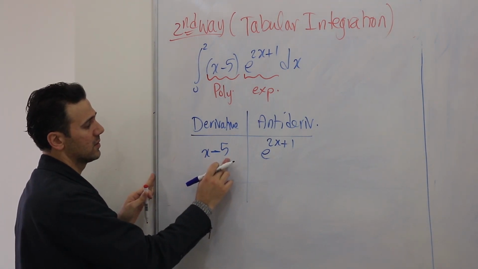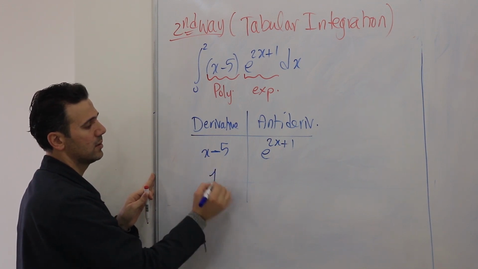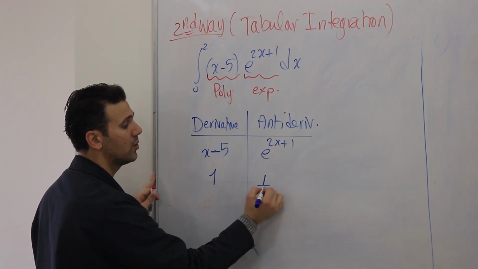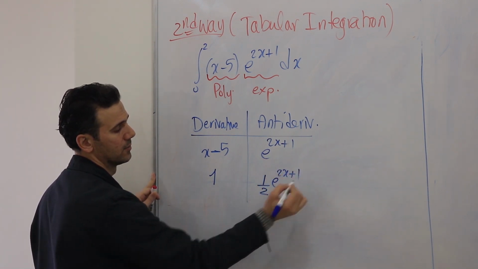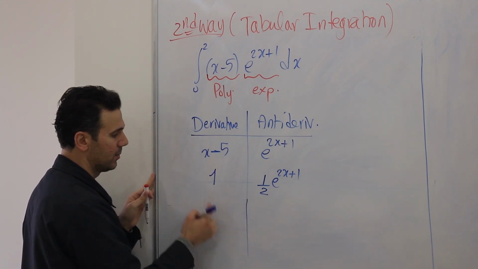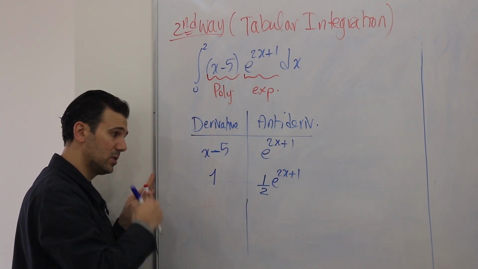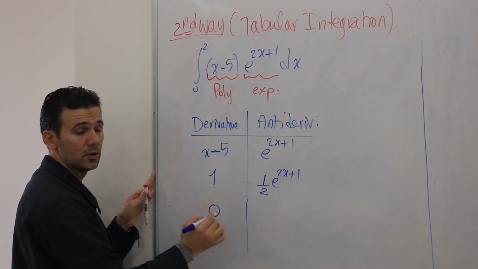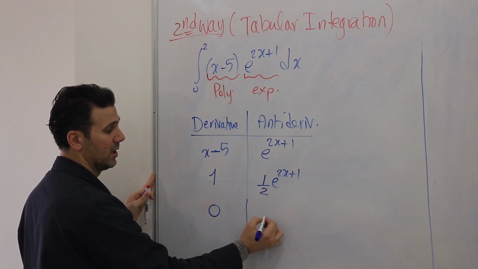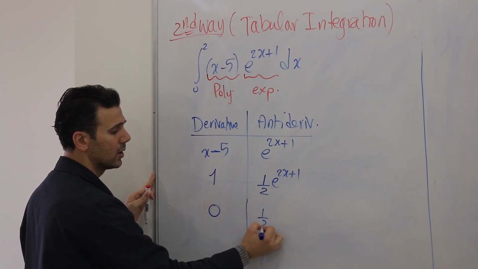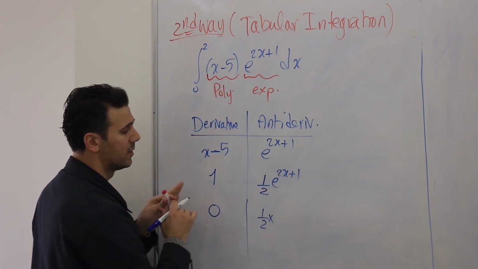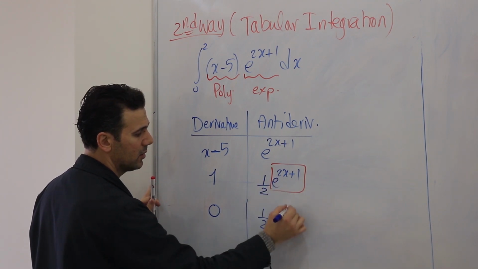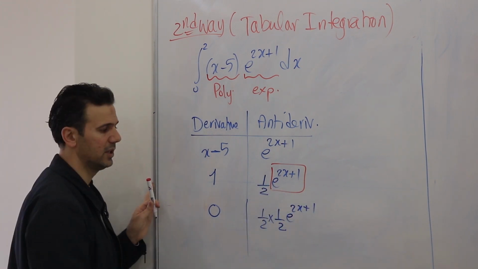The derivative of x is 1, and the antiderivative of this is 1 over 2 e to x plus 1. Okay? The next step, we said that we must make derivative till we reach 0. Derivative of 1 is 0, and the antiderivative of this will be half times the antiderivative of this part, 1 over 2 e to x plus 1, which is 1 over 4 e to x plus 1.